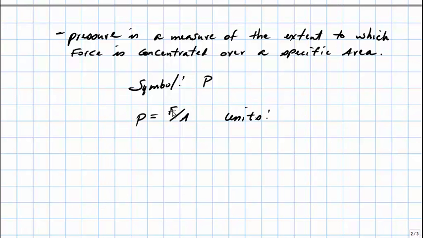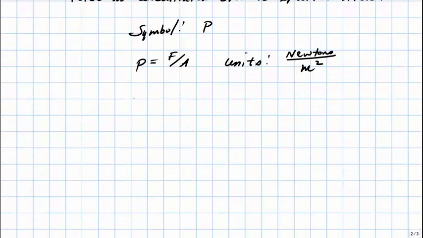Of course, the units for force are newtons, and the units for area in the international system are square meters. And so the units for pressure are newtons per square meter, but there's an alternate unit that we should be familiar with.